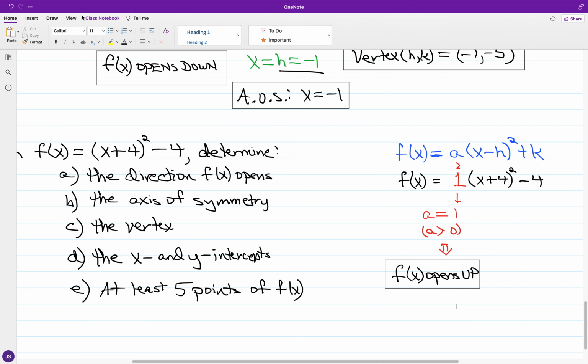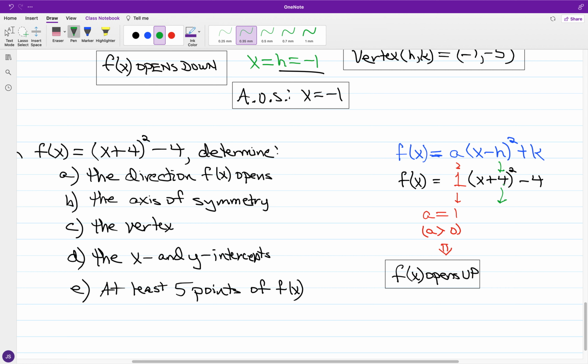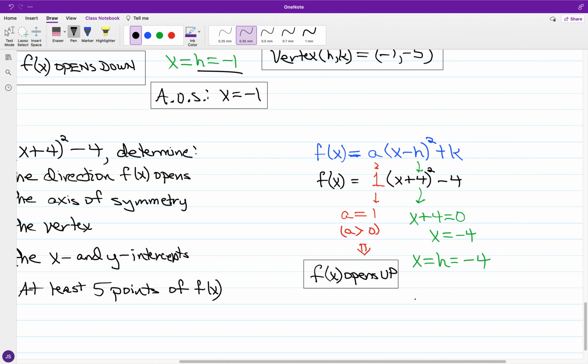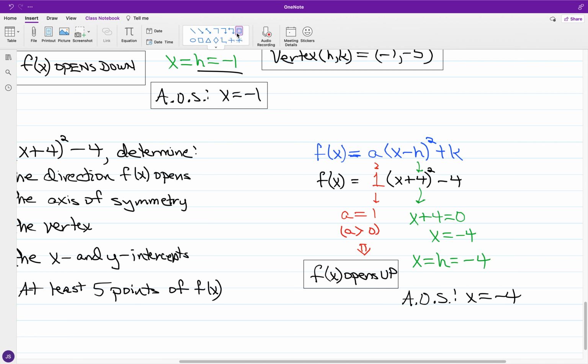Now for the determination of the h and k values, this time we have x minus h represented by x plus 4. If I set x plus 4 equal to 0, I have x is equal to -4. And again, that x value and h value will be one and the same. So for the axis of symmetry, we have x is equal to -4.